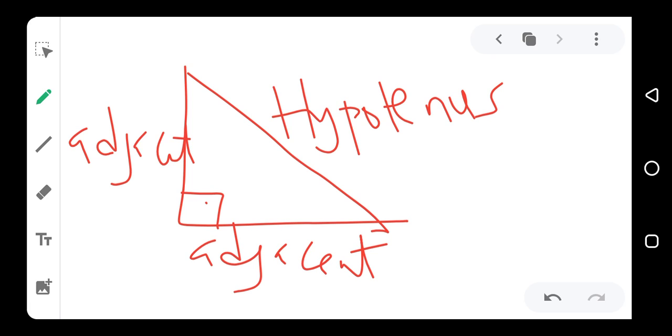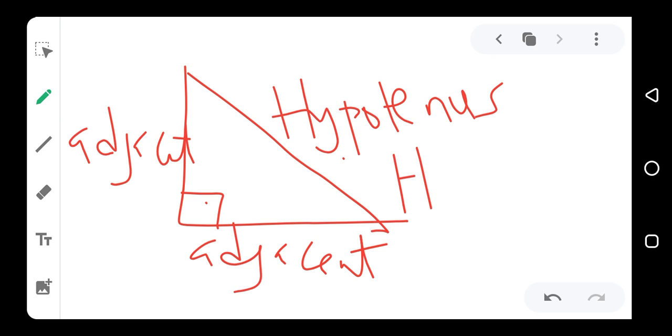Now the Pythagoras theorem is telling us that the hypotenuse side squared is equal to the first adjacent side squared plus the second adjacent side squared. Now let's call the hypotenuse h.